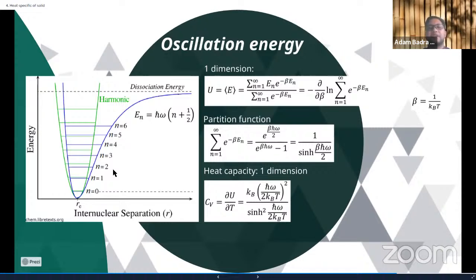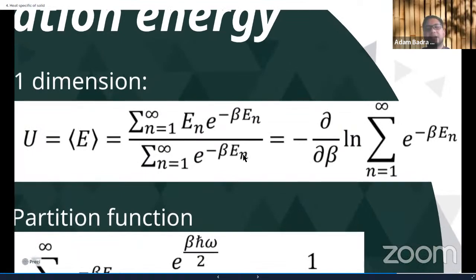Classically this is the case: any lower state usually has more probability. This probability is proportional to exponential minus beta E_n, and we sum over n from 0 until infinity.